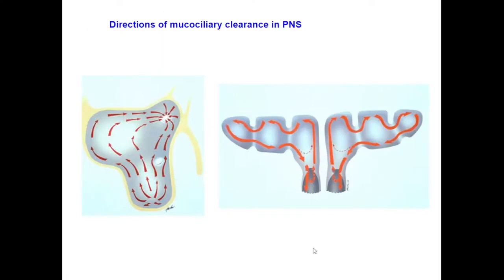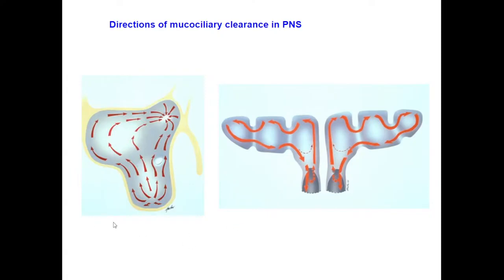On this slide, you can see the direction of mucociliary clearance in paranasal sinuses. You remember that mucociliary clearance is the main mechanism of protection of nasal mucosa and evacuation of different pathological agents from the nose and paranasal sinuses.